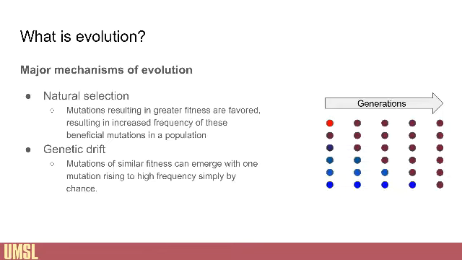All right, so I've invoked this idea of selection. And selection is essentially sorting of alleles based on their respective benefit in the environment. And you can think about this in terms of natural selection, where mutations resulting in greater fitness are favored. And so this means, let's say this particular allele variant was really the best allele for a particular phenotypic trait.